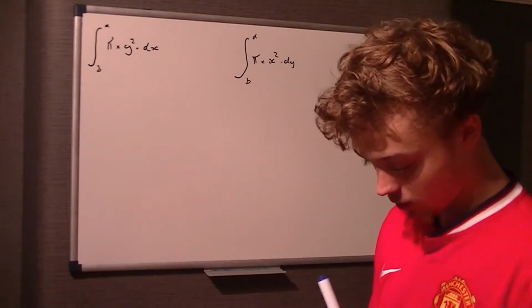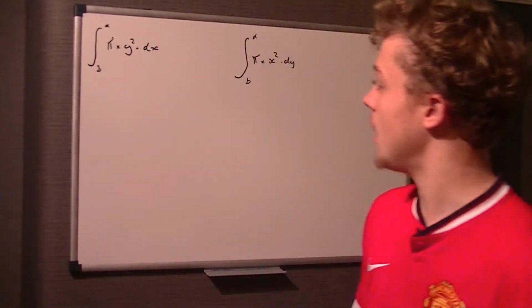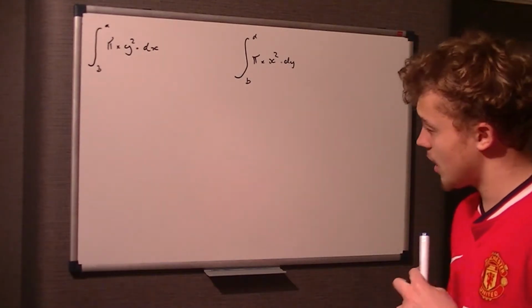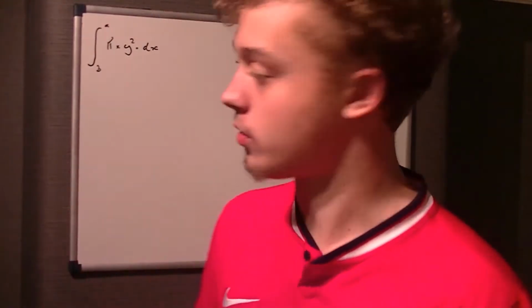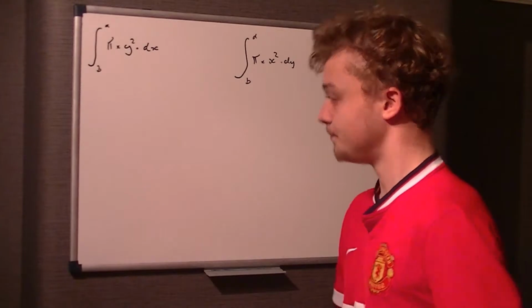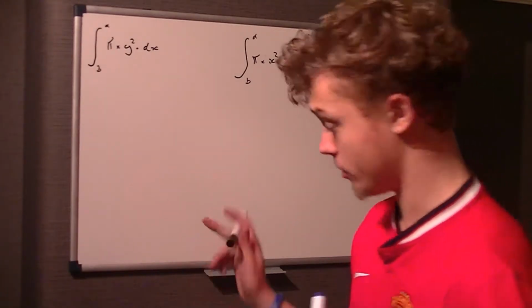Now, a key thing I would stress when you get to these equations: it's not pi times y squared and then the integral of that, because you can't integrate y with respect to x unless you change it about, which would be a nightmare.